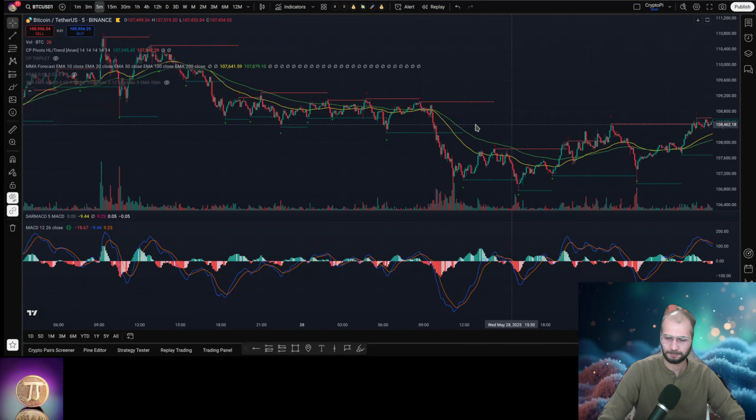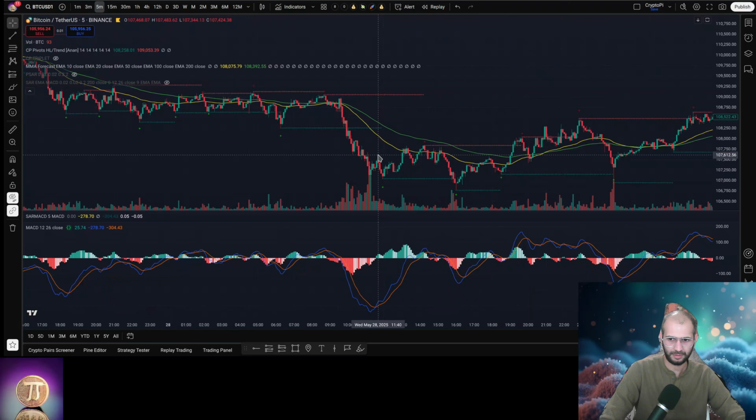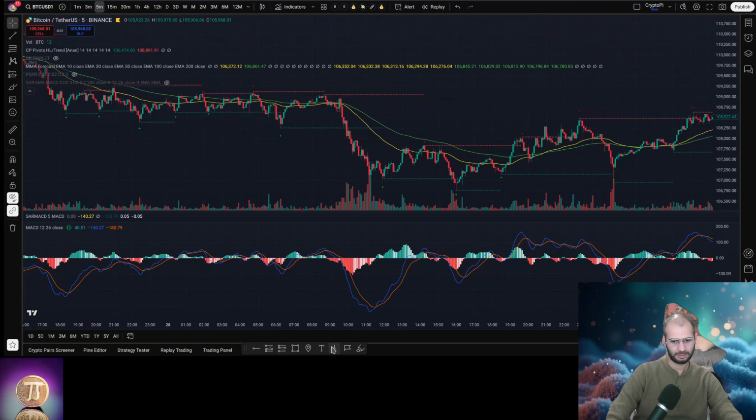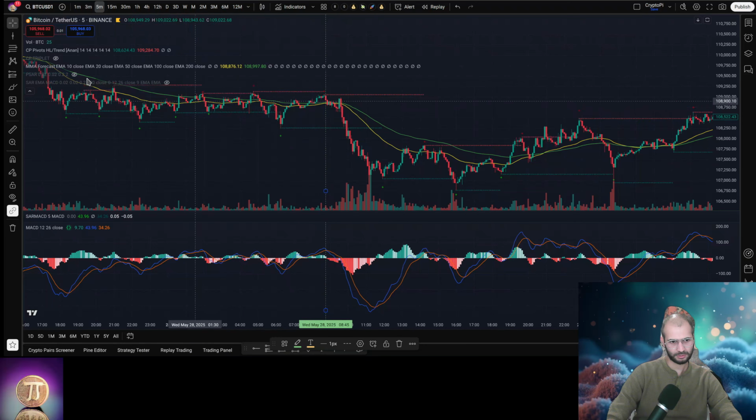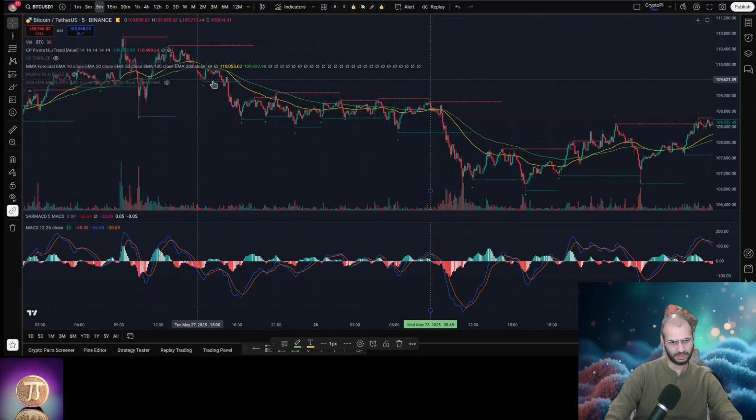If we look at this section, just as an example, we already see at this point that the trend was already weakening, and the moving average of course has told us for quite some time that the trend is a downtrend.